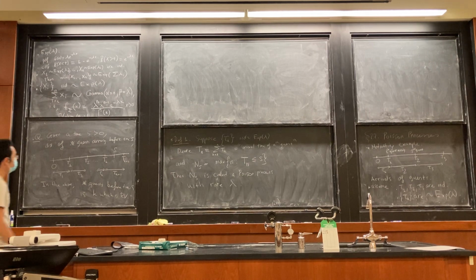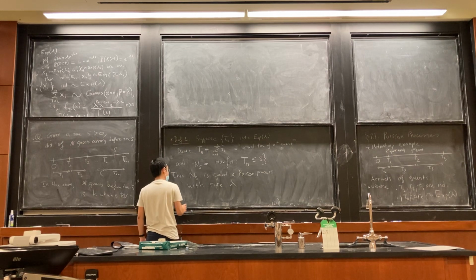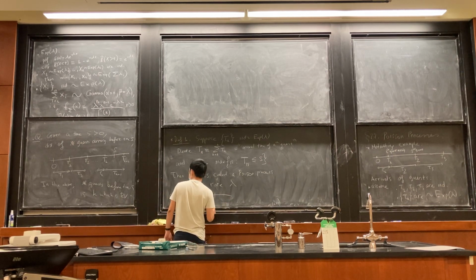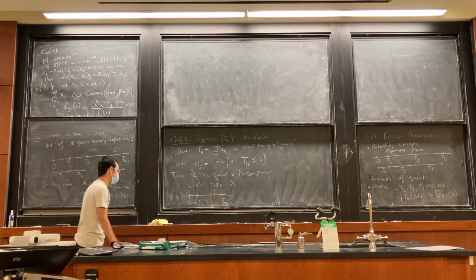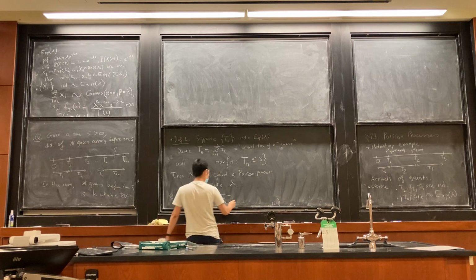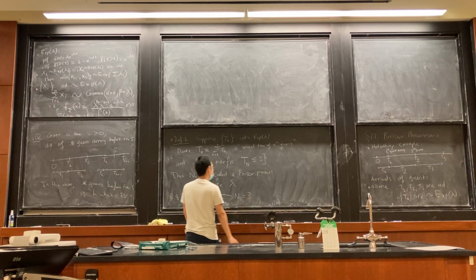For instance, here in that picture again, let's say I have 0, first guest, second guest, third one, and fourth one arriving after s. So in this particular example, N_s is equal to 3.